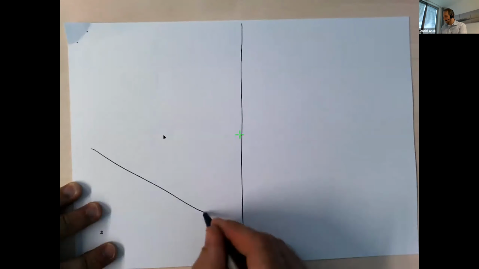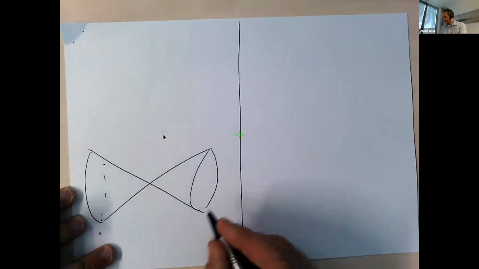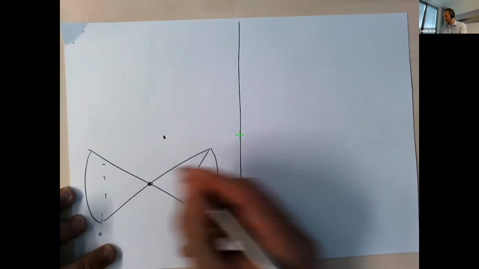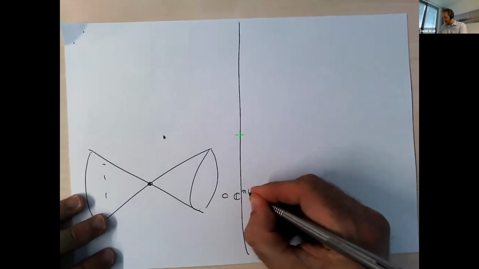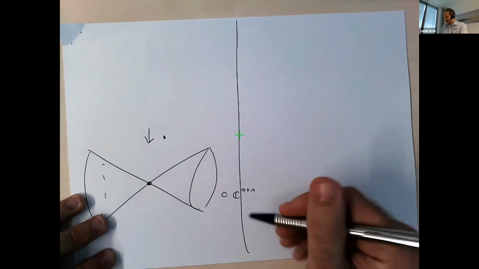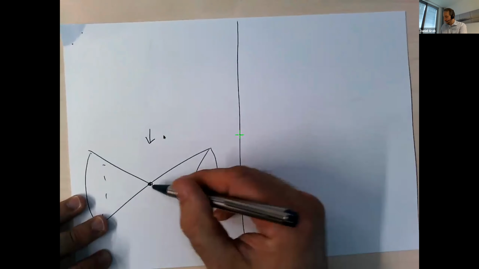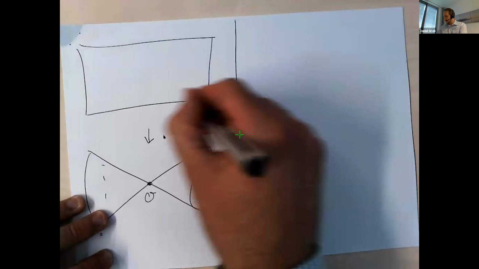I have my cone singularity, which sits inside C^{n+1}. I can resolve it by blowing up C^{n+1} at 0.